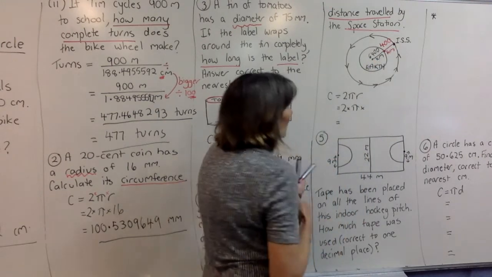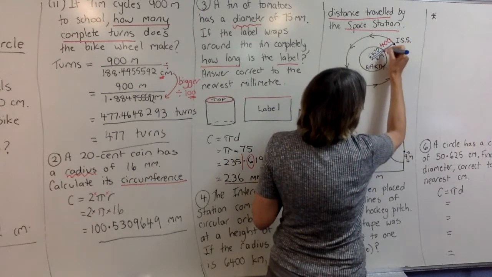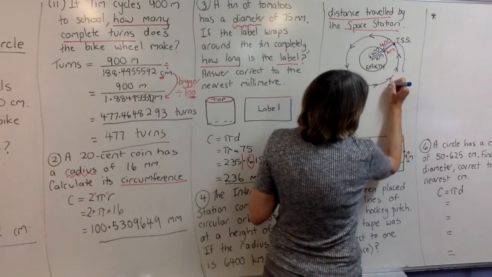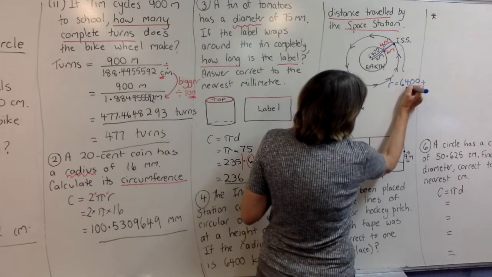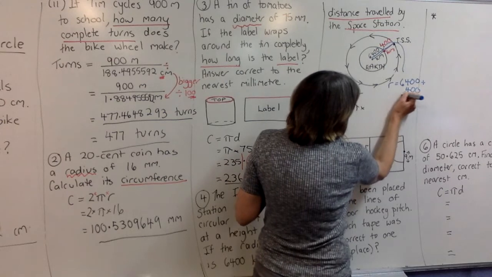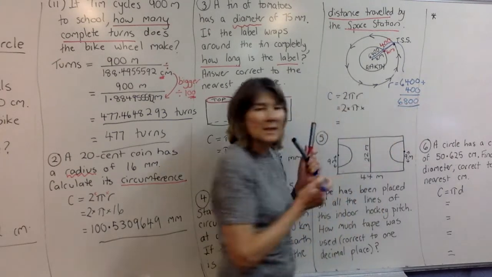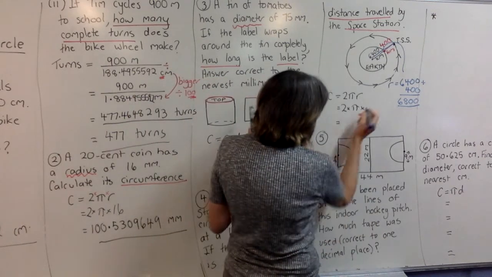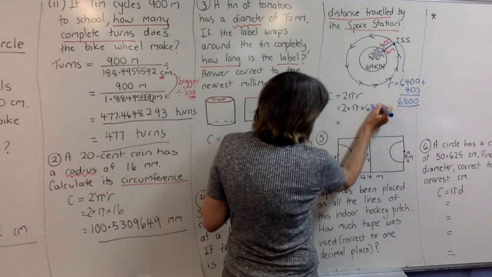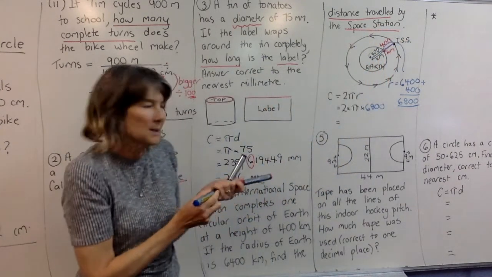So if we have a look at this whole bit, to get that radius, we would do 6,400 plus 400. And if you add those on your calculator, you're going to get 6,800 for your radius. So I'm going to put that number in here now for the radius of the orbit for the space station.